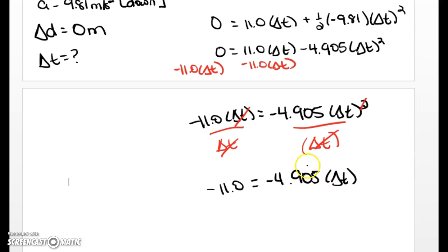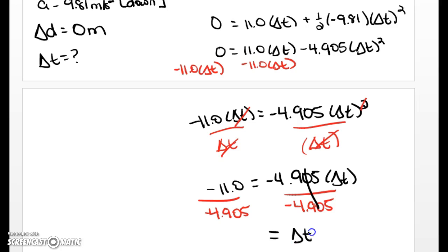So now I want to get rid of this negative 4.905, so I'm going to divide it on each side. That cancels out our negative 4.905 on the right side, so I'm left with just delta t. And then plugging this into our calculator, we should get a total of 2.24 seconds for our time.